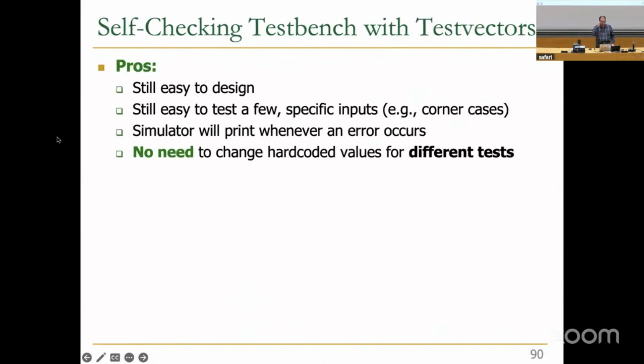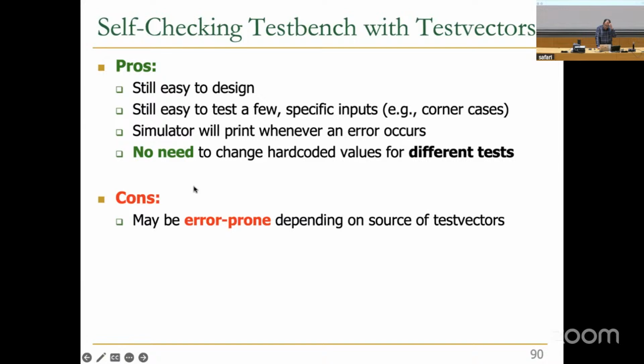So this is easy again to design and easy to test. The simulator will print whenever an error occurs, and there's no need to change hard-coded values for different tests. You have this test vector file, and you don't need to hard-code it. As cons, it may still be error prone depending on the source of test vectors, so how you generate that test vector.